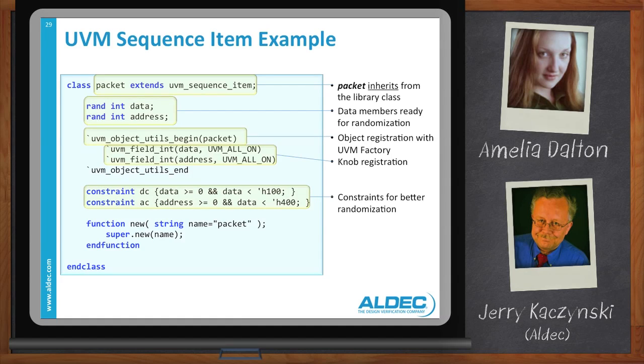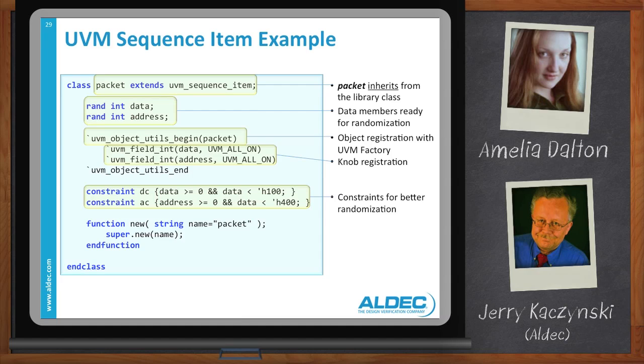If we look at our data fields, they are defined as plain integers, and as we know, integers are pretty big numbers. Without constraints, we would get unrealistic data during randomization. With constraints, we can be more specific. So first we say that our data should be between 0 and 100 hexadecimal, and address should be in slightly wider range.